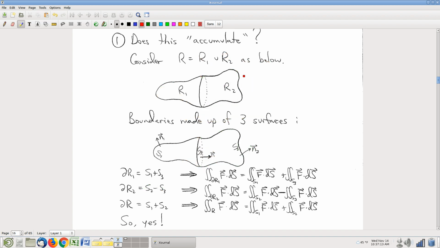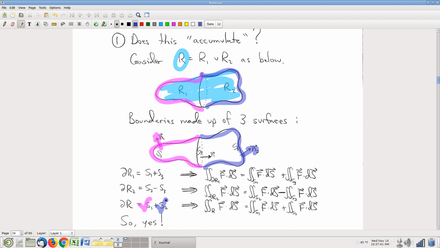And then a relatively easy one to consider is this. The whole thing itself, R. Its boundary consists of, well, there's S1 and there's S2. Both outward and therefore both in the arbitrarily chosen orientations of S1 and S2.